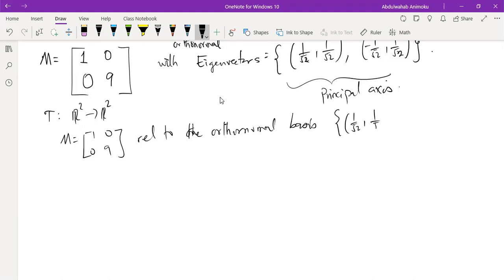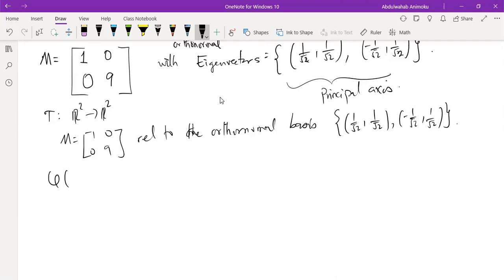This thing that we got, this is what it means. So we just basically changed the way we look at the transformation, giving it a new matrix as well as a new basis for the transformation, for both the domain and the range of this transformation.